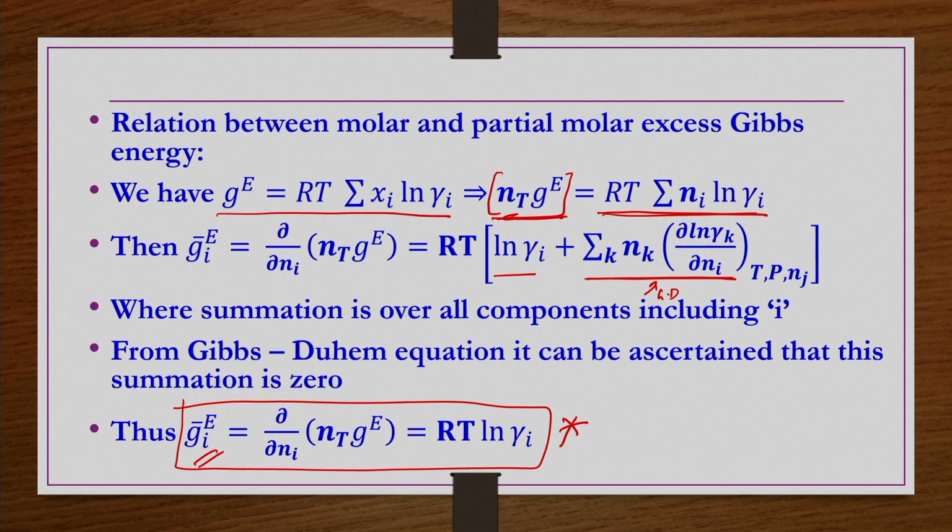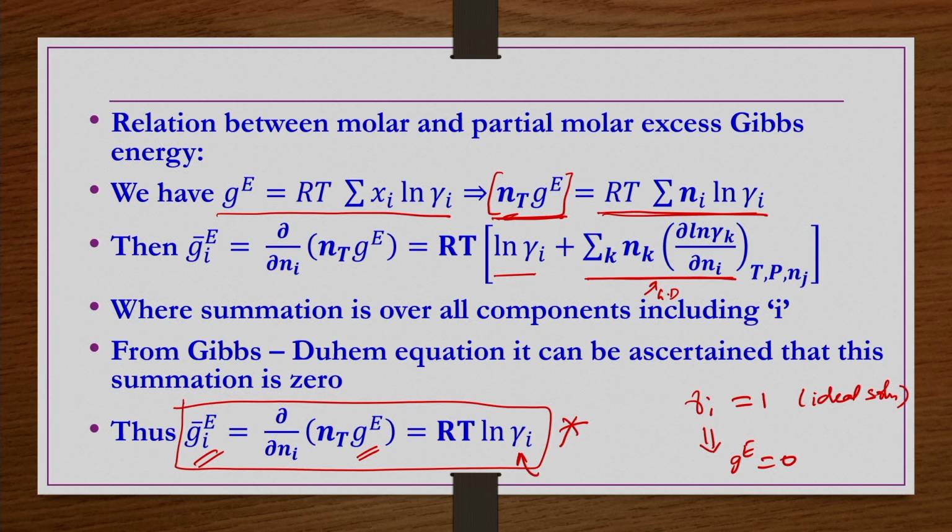We will be using some kind of expression for G^E or G bar E, whichever is available, and then trying to find out this gamma_i. And then from there we try to establish more on this activity coefficient. So, if this gamma_i is equal to 1, then we should call it an ideal solution, and that is possible when G^E is equal to 0.